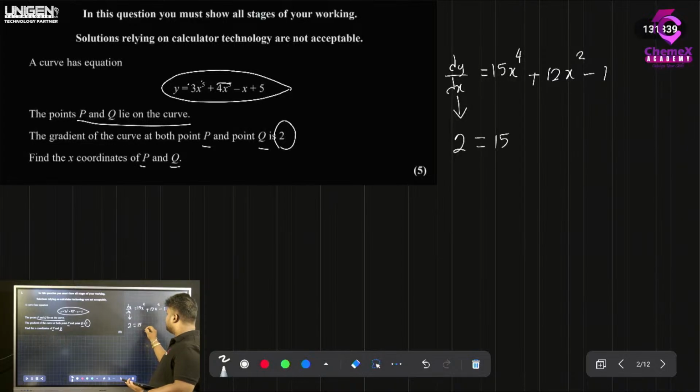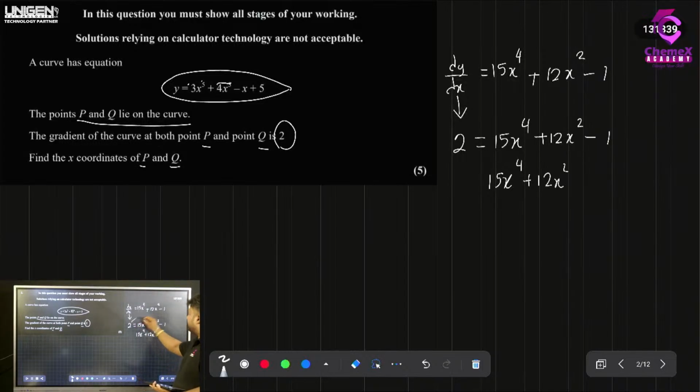So then you simplify it. 15 x to the power 4 plus 12 x squared. I'm taking the 2 to the other side, minus 1 minus 2 is minus 3, equals 0. Now how do you solve this? Anyone has any idea?